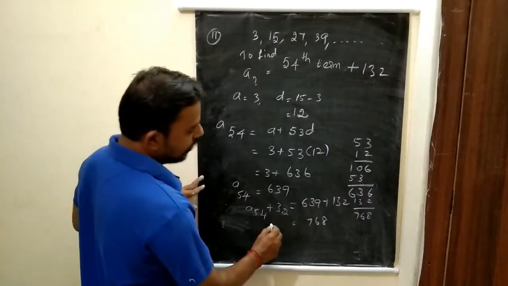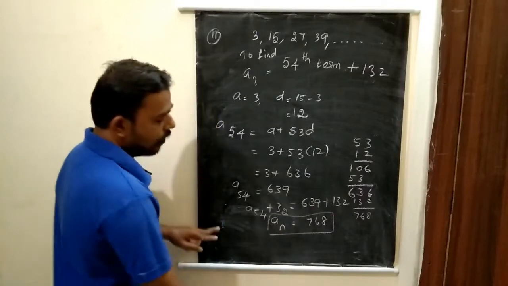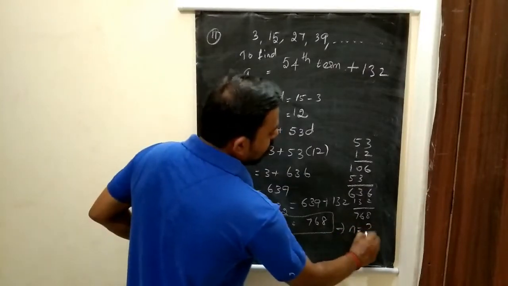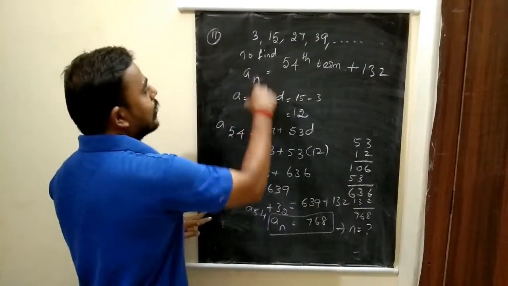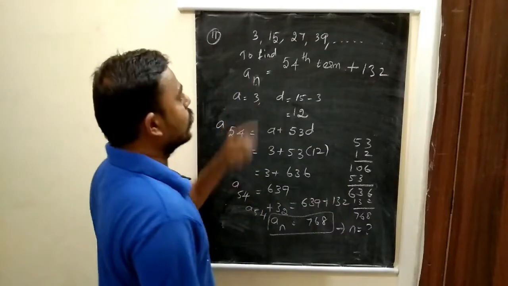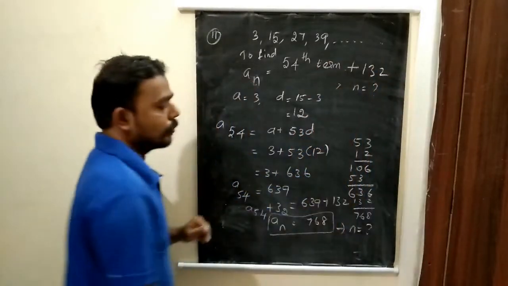Now we need to find the term, that is an. Now from this, n equal to what? This is the question mark. So actually we can consider it as n. So using this, n equal to what? This is the question.